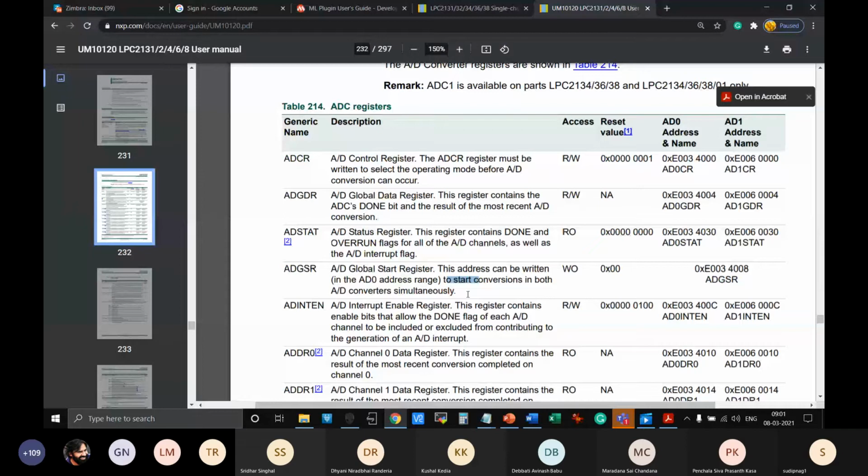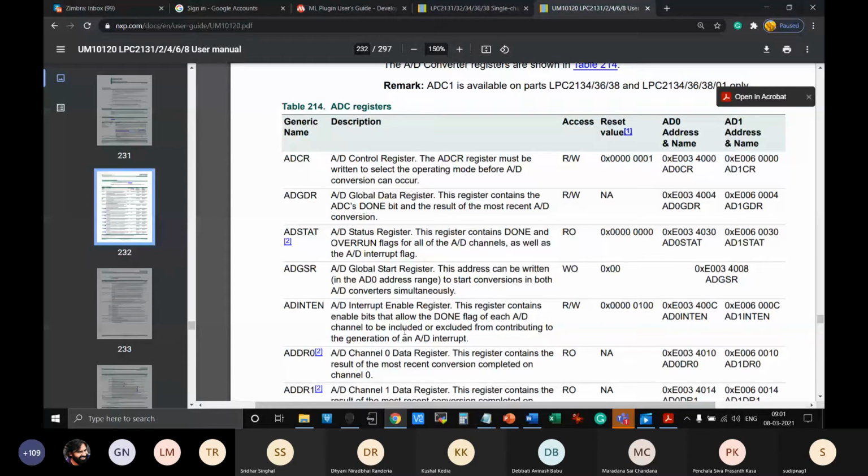So why wait? Instead, you just enable the interrupt. When the ADC completes its conversion, it generates an interrupt, the processor goes to the interrupt subroutine, and it does the servicing of the interrupt.